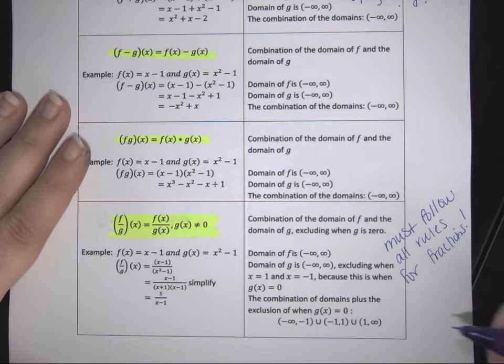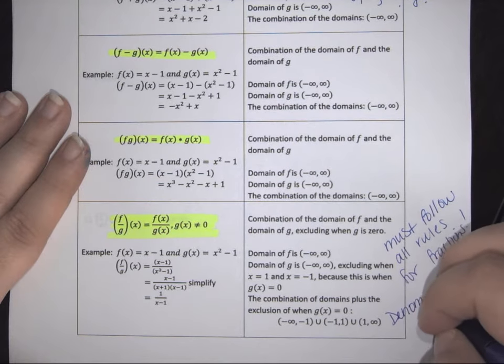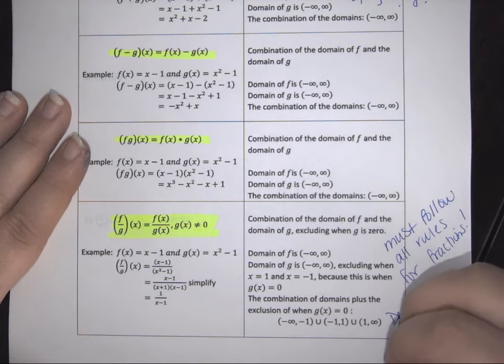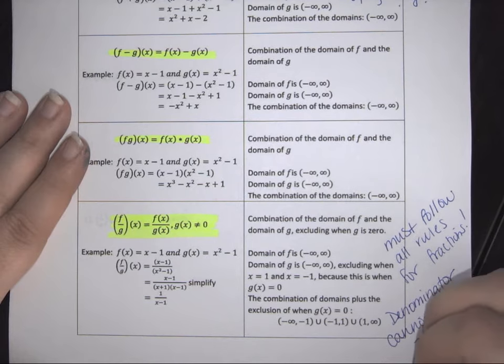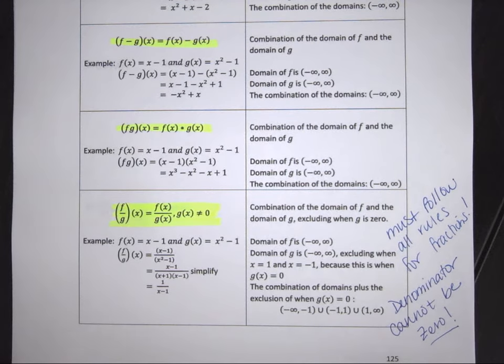What does that mean? It means that your denominator cannot be 0. That's like the number one rule of fractions, that the denominator, or the bottom, can't be 0.